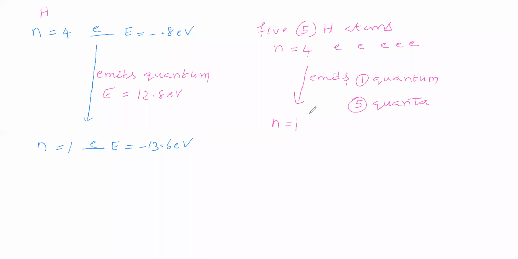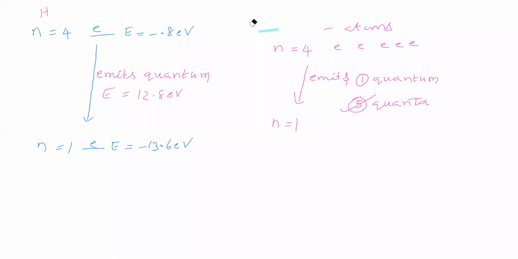In the same manner, if one person climbs 2 steps at a time, another person also will climb two steps at a time. So 5 quanta are emitted, and each quantum has 12.8 electron volt of energy.